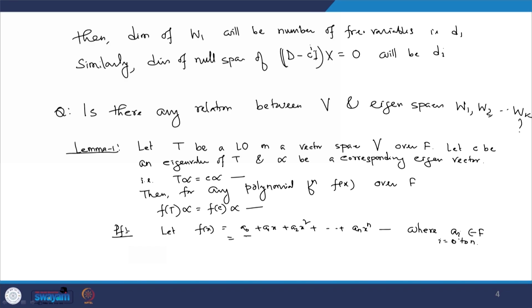So, I can rewrite it in simpler notation as the sum of ai x to the power i, i equal to 0 to n. So, f(T) will be equal to the sum of ai T to the power i, i equal to 0 to n, where T to the power 0 is basically the identity operator.